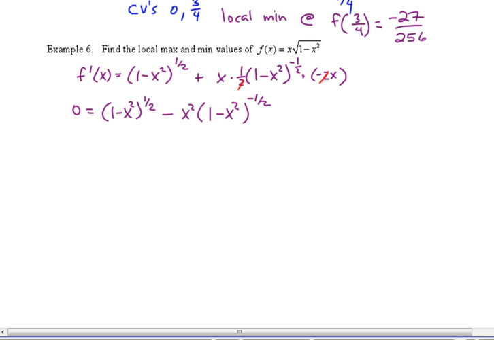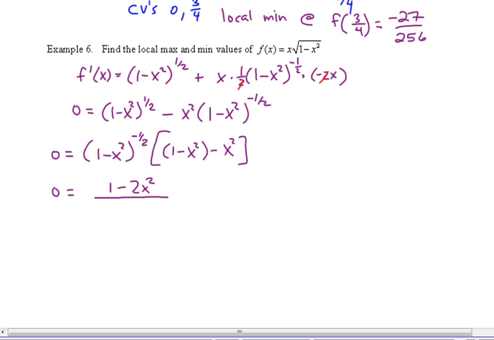Guess what we have to do after we derive? We factor out 1 minus x squared to the negative 1/2. So we're going to have one of these. Or if we rewrite this, in our numerator we have 1 minus 2x squared, all over the square root of 1 minus x squared.